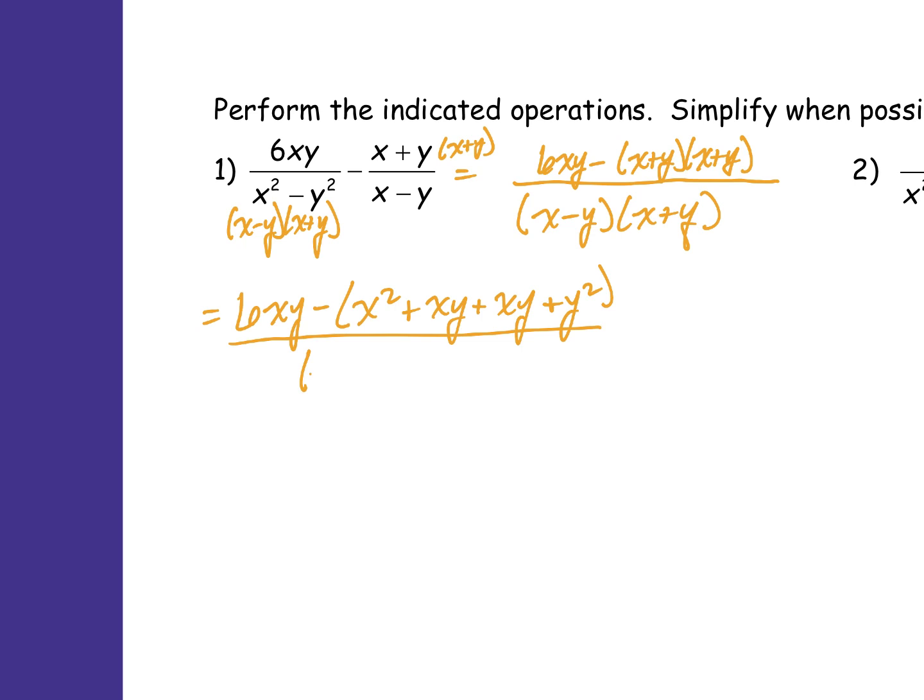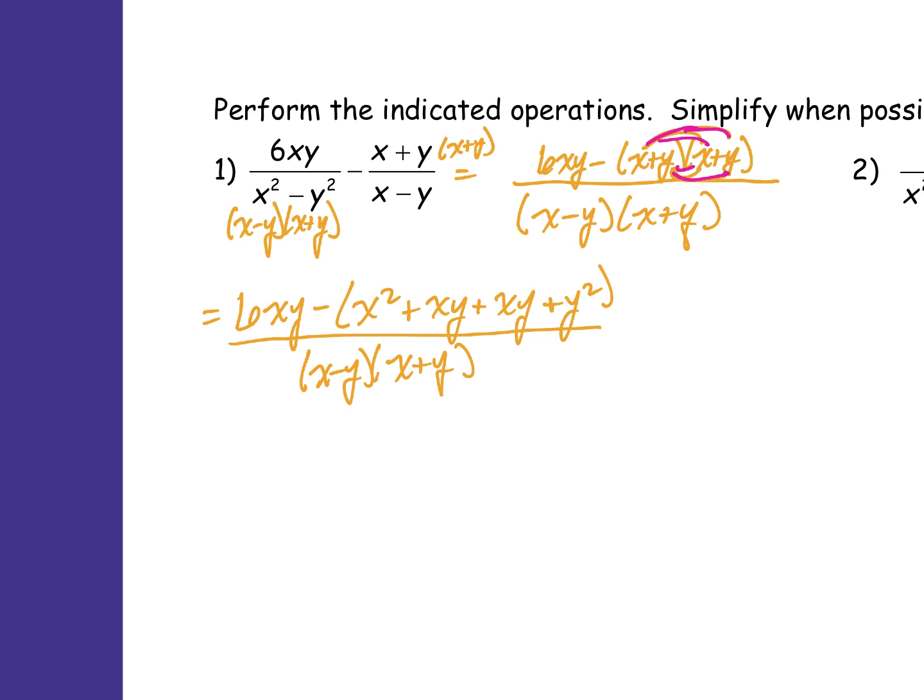All over x minus y, x plus y. Questions so far? Do you know how I got those numbers? Letters? Whatever you want to call them. They're letters, right? I just distributed this. You simplify. I FOILed it, yeah. So I multiplied that out.